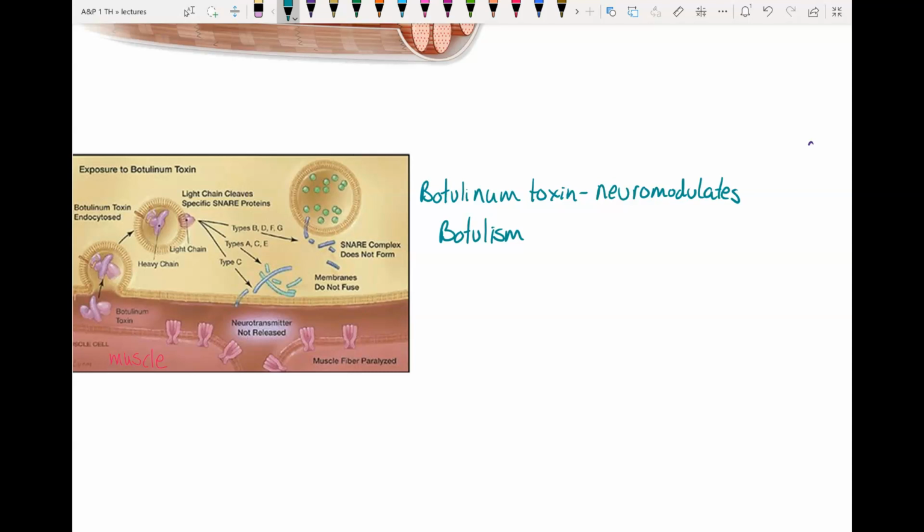So botulism, first of all, it comes from a bacteria, and this bacteria tends to want to grow in canned foods. Now, today, technology and sanitation have improved, and it's very rare you're going to go to the grocery store and get some canned food that has botulism in it.